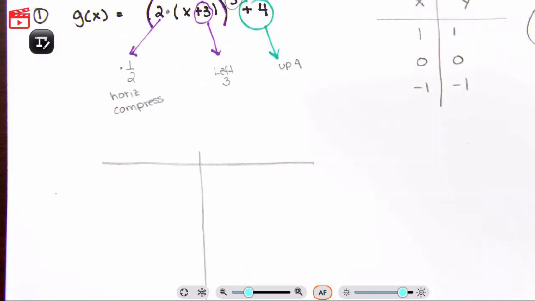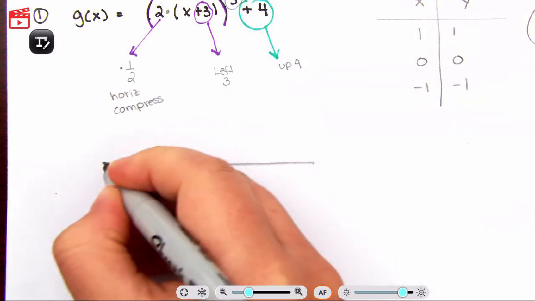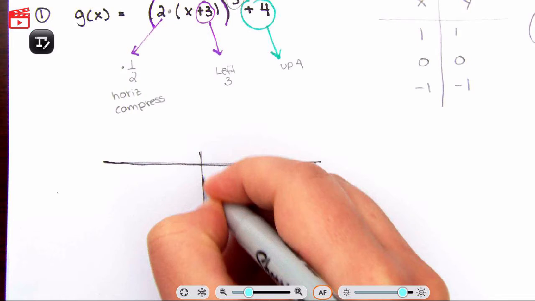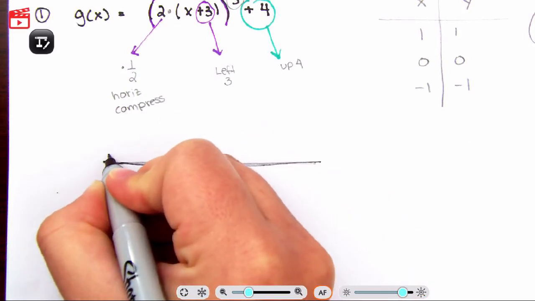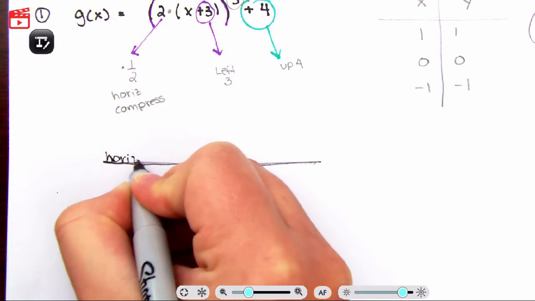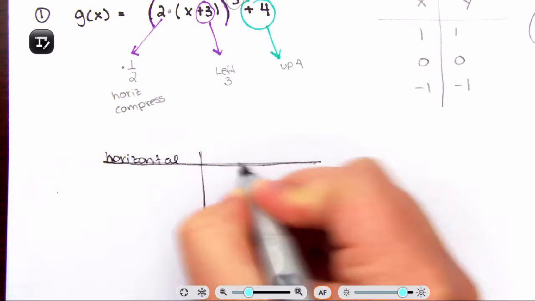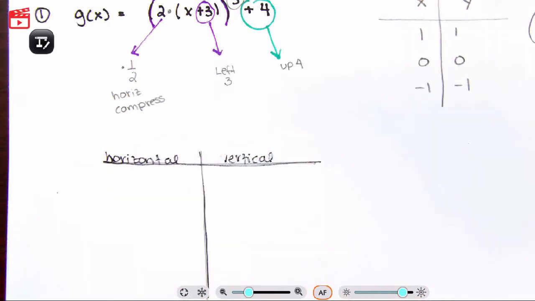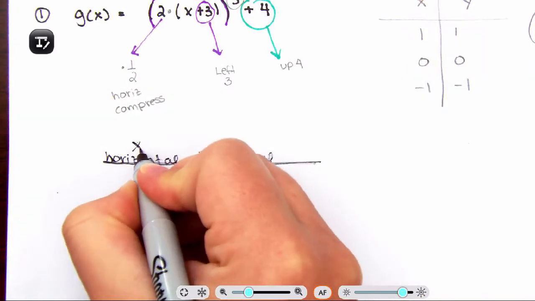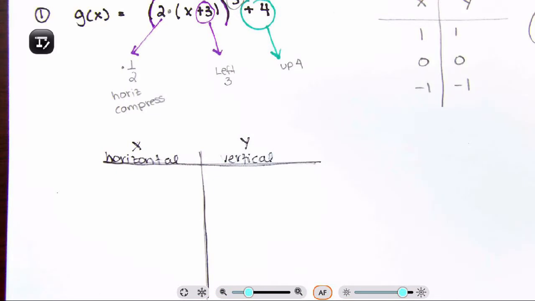Oh, you guys can't see that. Let me change that to a marker so you can see that a little better. So here is our x, or horizontal. Here's our vertical. Something's going to happen to our x, and something's happening to our y.